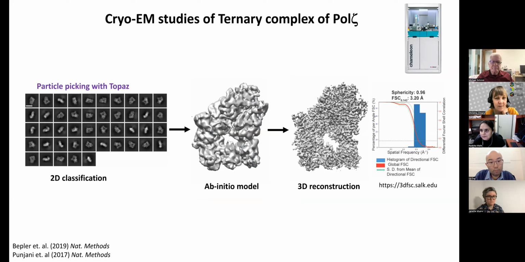And if you read their article, it has been known to pick these unusual shapes, which are non-spherical, which normal programs have difficulty in picking. We did use template-based picking because we had a negative stain model initially. But those templates actually were not that helpful in picking these side views that we have here. So Topaz really helped in that.